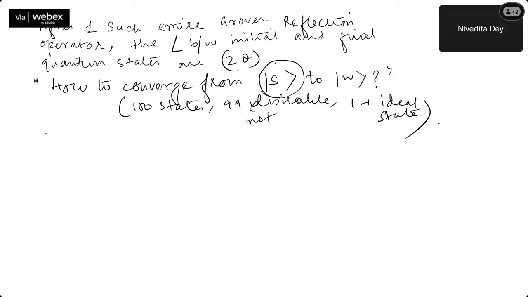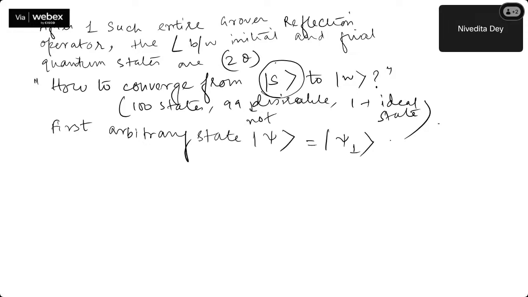Okay. Now say the first arbitrary state, which was psi, was divided into 2 components, parallel and perpendicular.